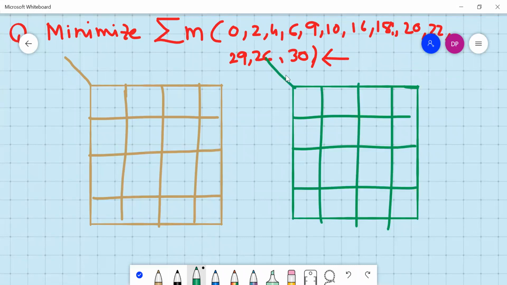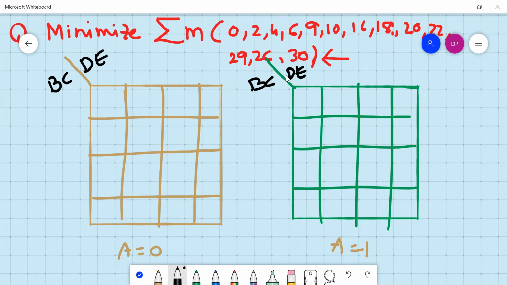Okay, this is another one, right? This is for a is equal to 0, this is for a is equal to 1, right? This is for a equal to 1. So I will take BC DE, here also BC DE, right?